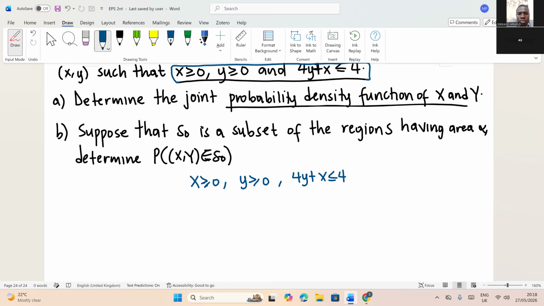Making y the subject, 4y is less or equal to negative x plus 4, and that is y less or equal to negative 1 over 4 x plus 1. I also have x greater or equal to 0, y greater or equal to 0.